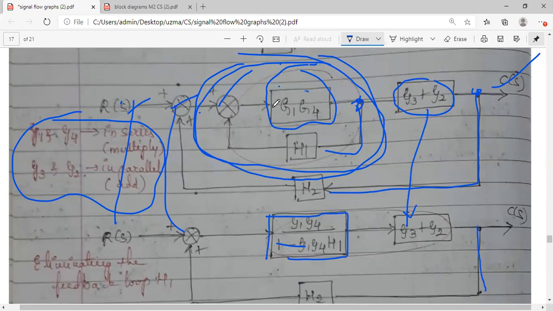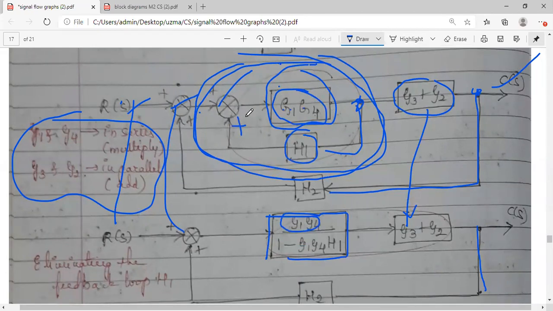It is nothing but the forward gain. This is your feedback gain. So the formula is forward gain will come into the numerator, divided by, अगर आपका नेगेटिव फीडबैक है तो यहाँ पे प्लस आएगा, पॉजिटिव फीडबैक है तो माइनस आएगा. Okay, reverse. तो यहाँ पे I have taken negative, it means ये आपका पॉजिटिव फीडबैक है.